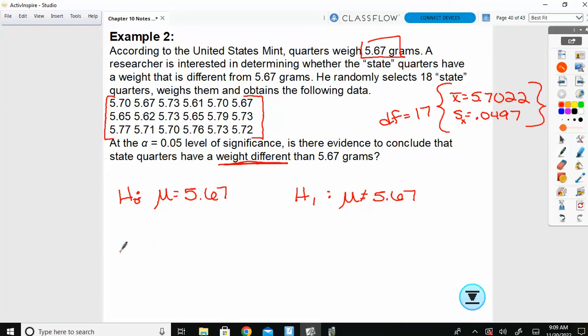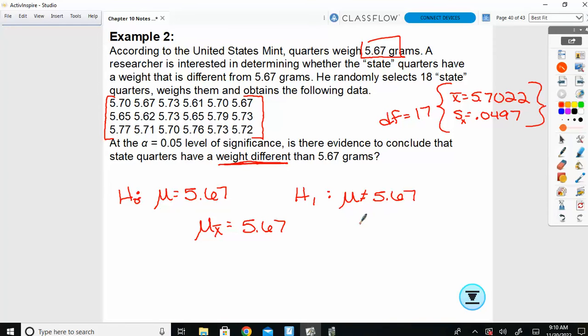To get a t-value, you need the mean and standard deviation for x bar. If you look on your formula sheet, under chapter 8, the first bullet, the mean for x bar is just mu, the one given in the problem.